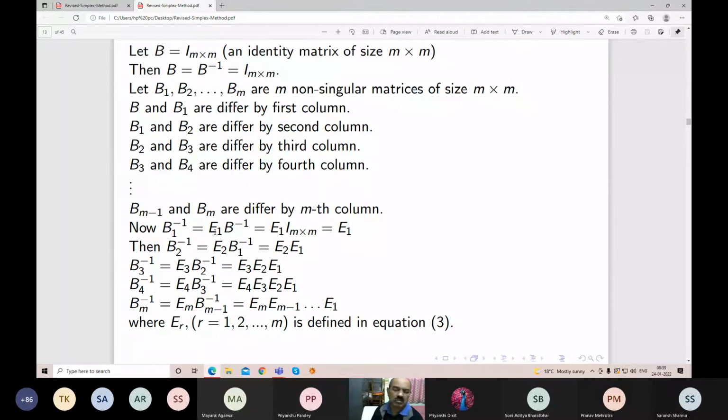With respect to the first column, we are finding E1. So we find E, then we find eta. In E1, the first column is replaced with the eta. So finally, we find B1 inverse equal to E1. Do you accept this one? Hello?